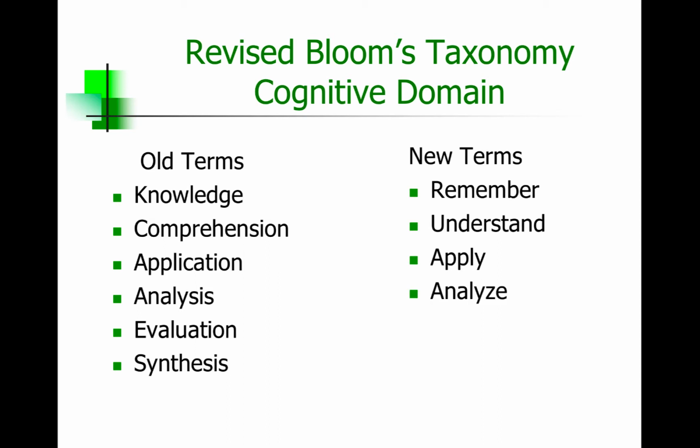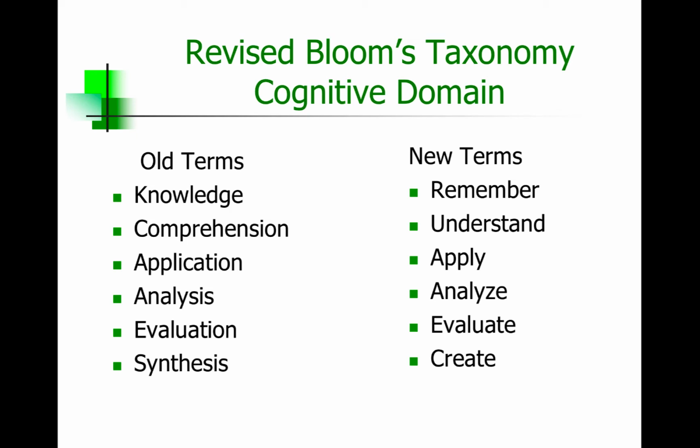So if you look at some of the newer terminology that Bloom uses, this is just to show you that there are lots of ways to describe cognitive knowledge, and whereas Bloom used to talk about knowledge and comprehension, the new terms are remembering and understanding.